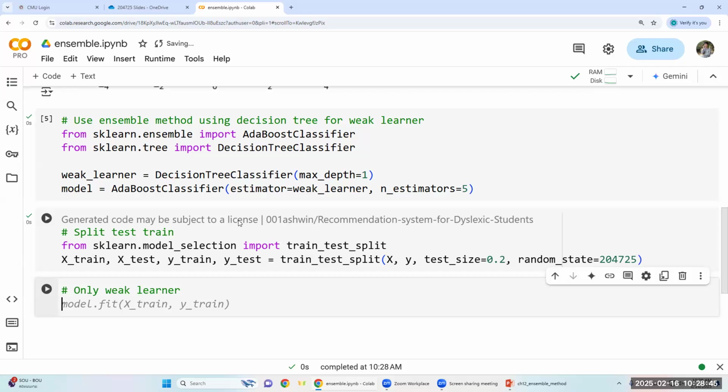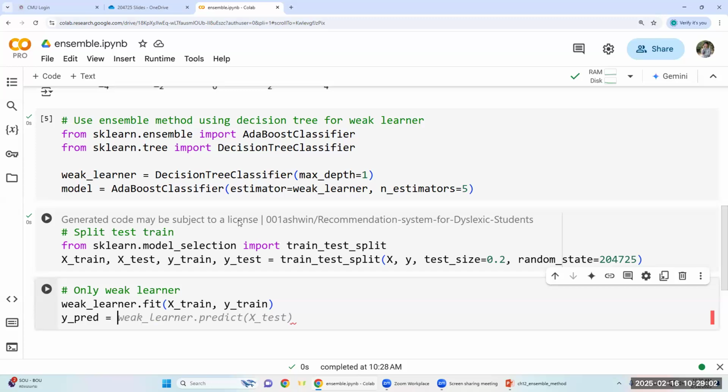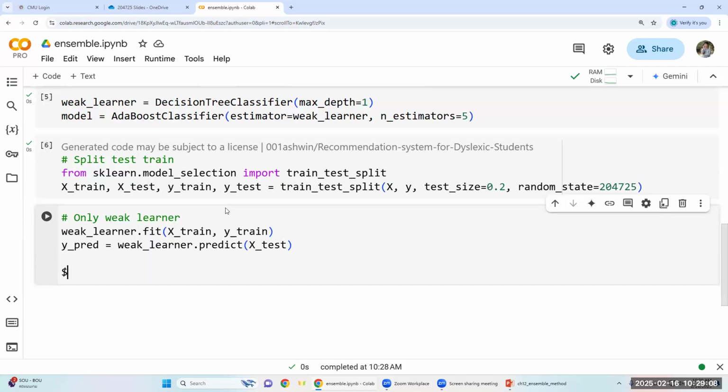So we can say weak learner dot fit x train, y train, and then we do the prediction, y predict equal to weak learner dot predict x test, and then we print out the accuracy.